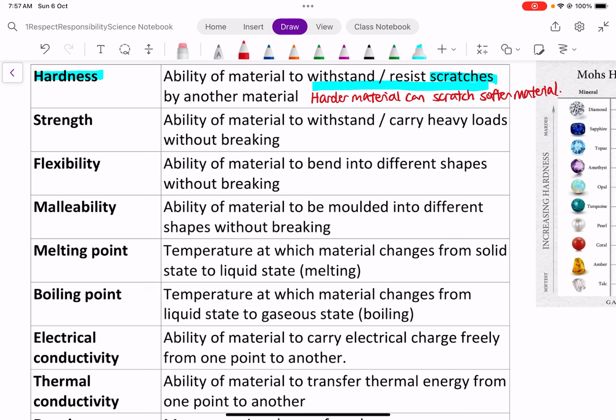So if a material has a higher hardness, harder, it can scratch a softer material. However, the other way around will not work. A softer material cannot scratch a harder material. Okay? So if a material is known to be softer, lower in hardness, it will not be able to scratch something else which is harder than itself.